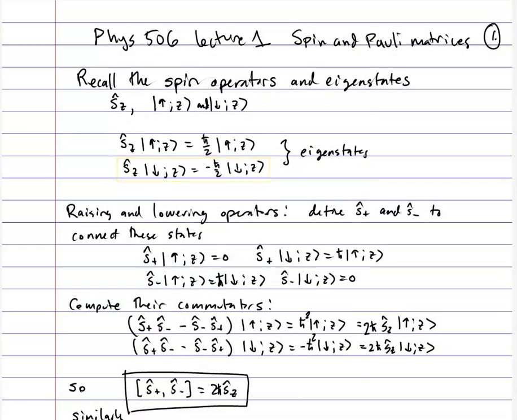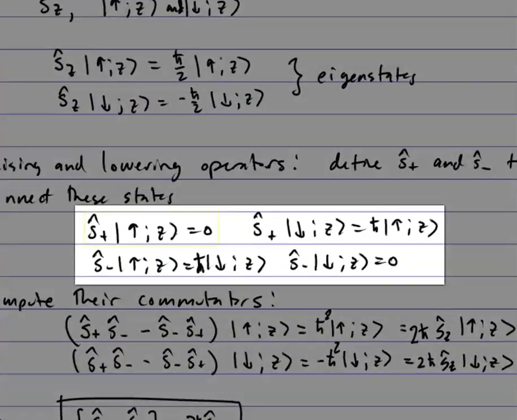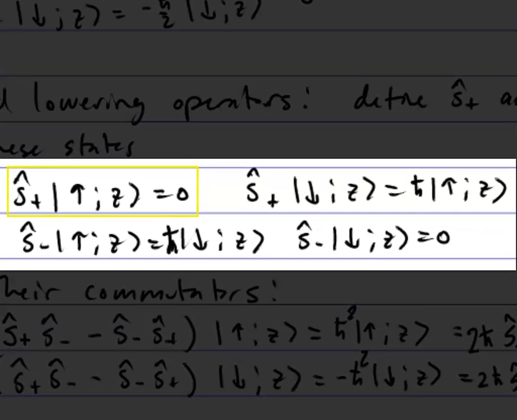Now we also define raising and lowering operators, S plus and S minus, that connect these two states. So S plus acting on the up state is equal to 0. It annihilates that state because I can't raise it any further. S plus acting on the down state converts it to the up state and multiplies it by a factor of h bar because that's the units of the spin operator. So S plus acting on down equals h bar times up.